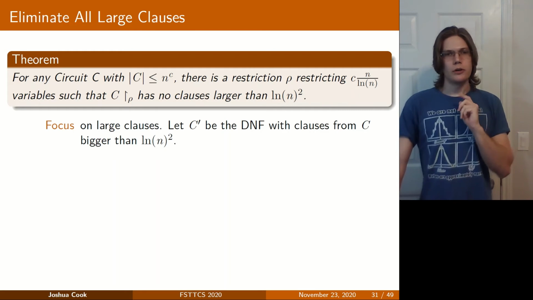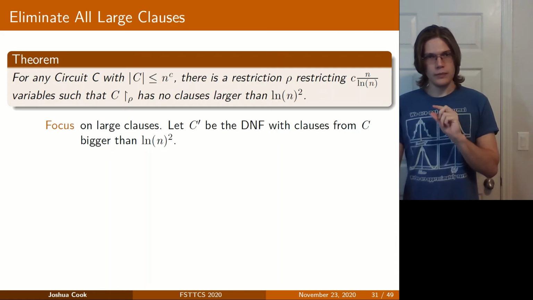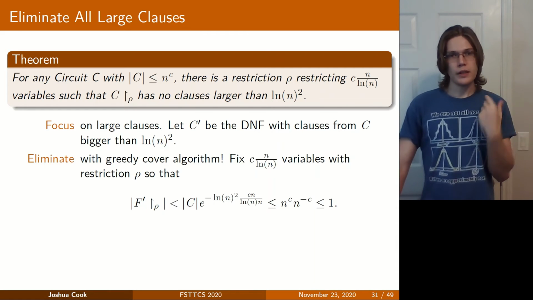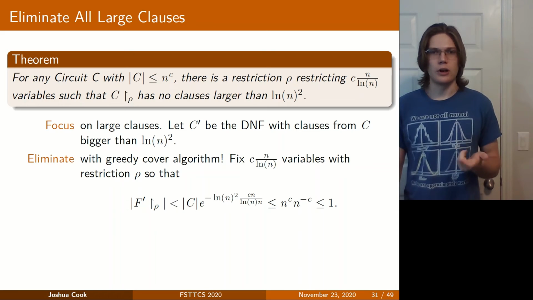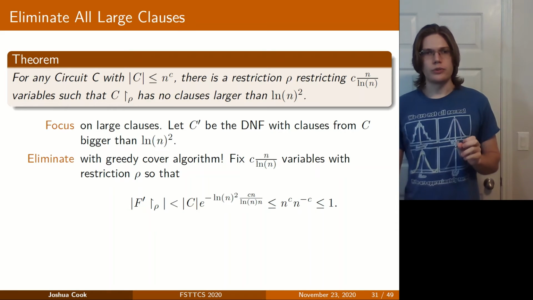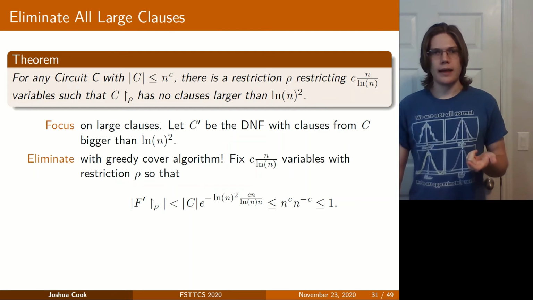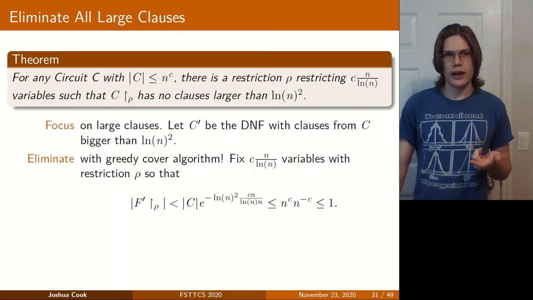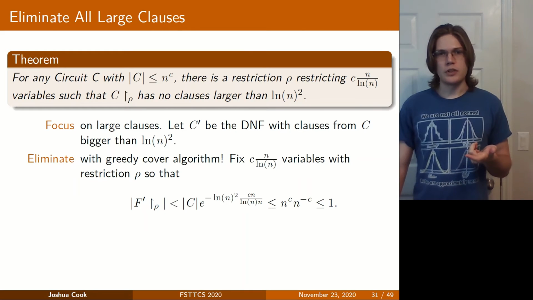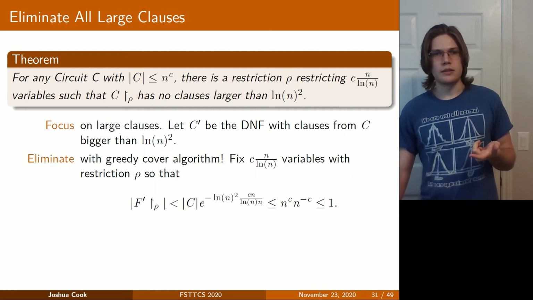So we're going to focus on large clauses, those that are bigger than log n squared. Then we're going to use a greedy cover algorithm to fix c times n over log n variables with a restriction rho, so that whenever we restrict it by that restriction, it decreases by an exponential factor in its width times the number of variables we restrict over n, which just simplifies to being 1.